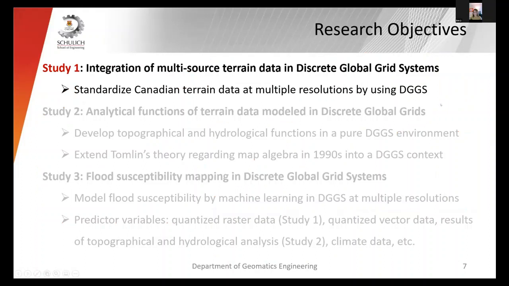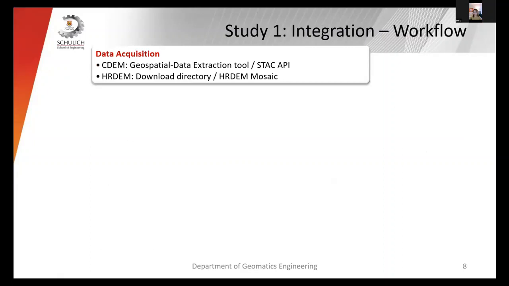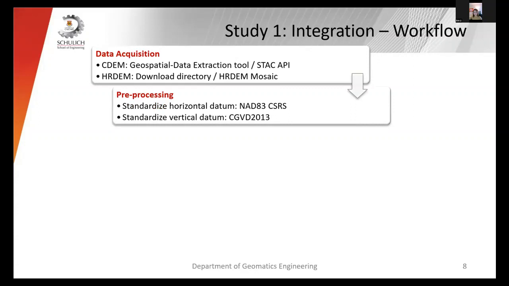With that all set, I'd like to briefly go through each of the studies. The first study is to standardize Canadian terrain data at multiple resolutions by using DGGS. Here's the workflow. After we acquire the raw data from their endpoints, we do pre-processing, which means standardizing both the horizontal and the vertical datums.